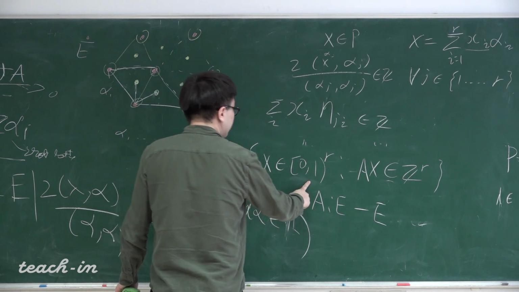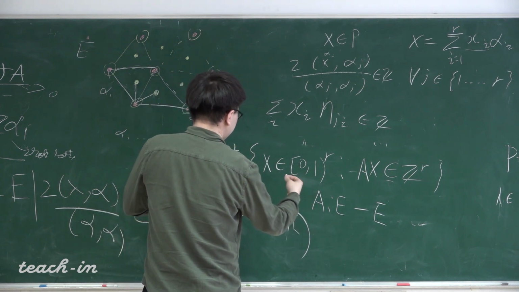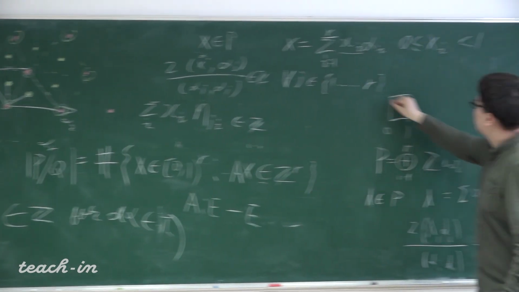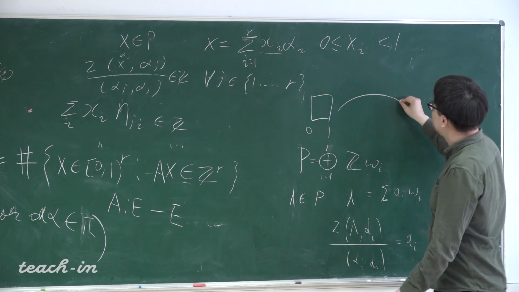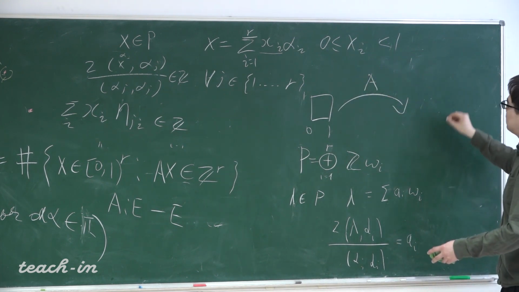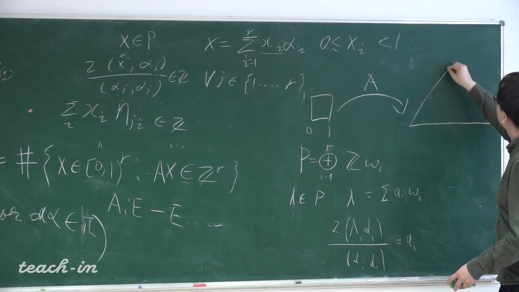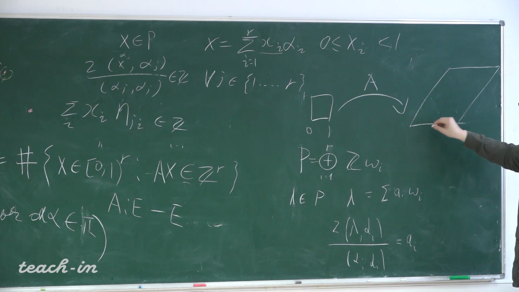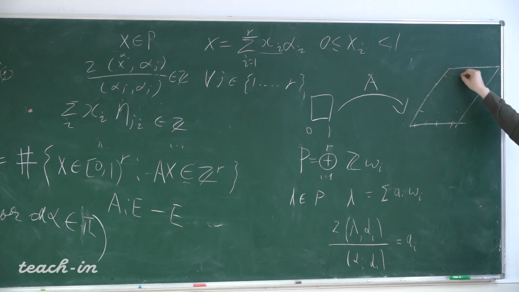We have some 0, 1, 1, and this image after the mapping gives us something like this, and we count the lattice points. We count the vertices contained in this part.